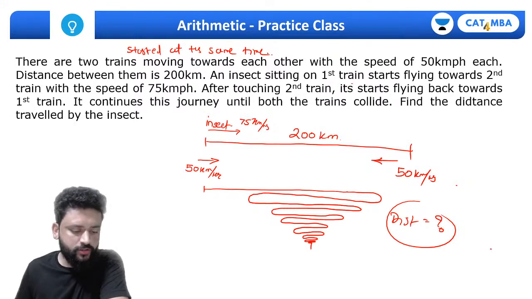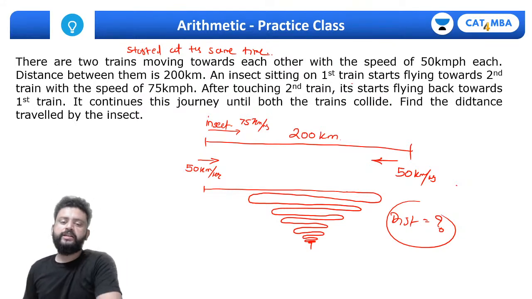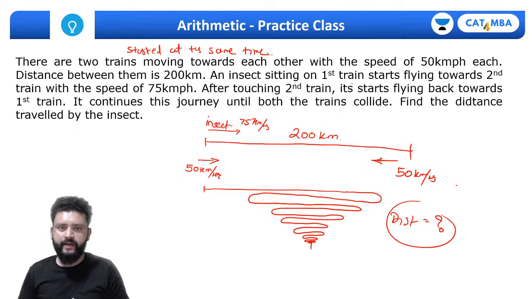Hopefully you understood the question. Megha, Ashish, did you understand the question?